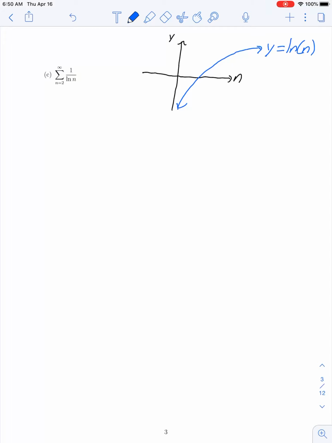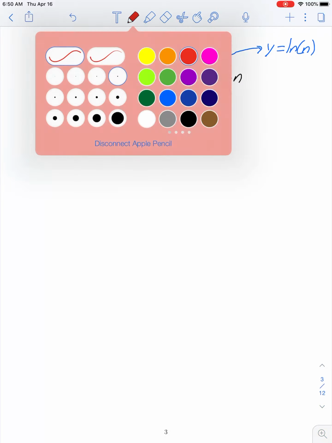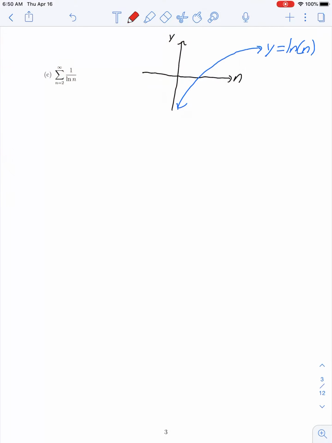That is, it's a concave downward graph. And if I were to consider the graph of y equals n, well, we have a line of slope 1 and y-intercept 0. And so this is the graph of n itself.